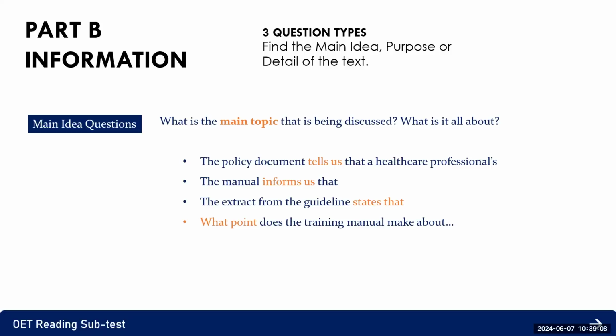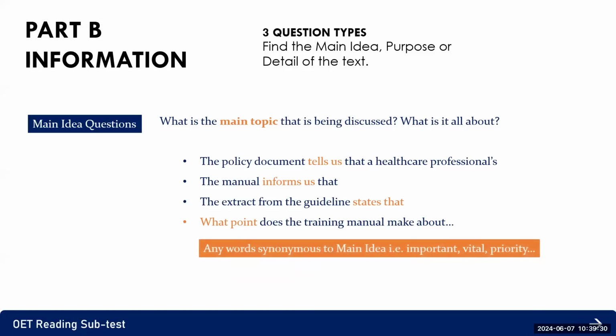Words synonymous to the word tell, such as what is the policy document telling us, what does the manual inform us, what is the extract stating, and what point does the text make, point you to a main idea type of question. Synonyms for the word important also signify a main idea, like what is vital, what is the priority.